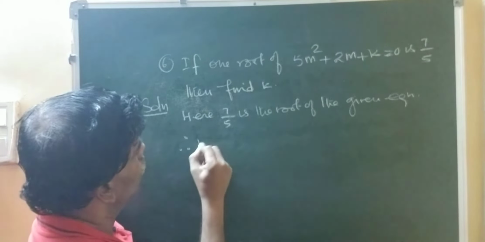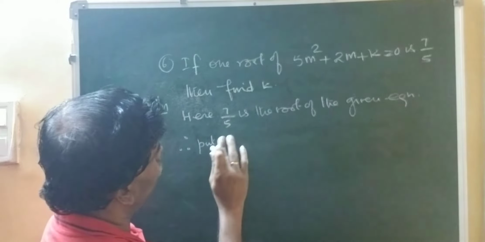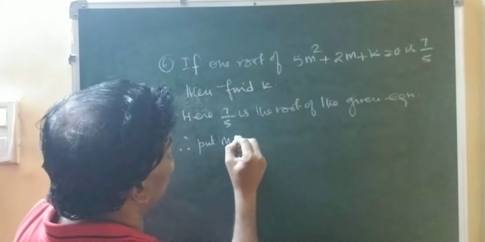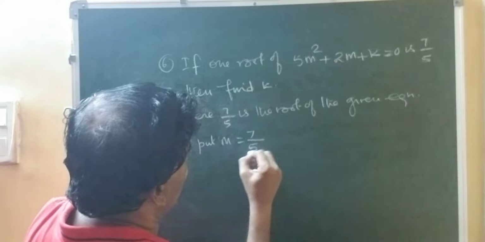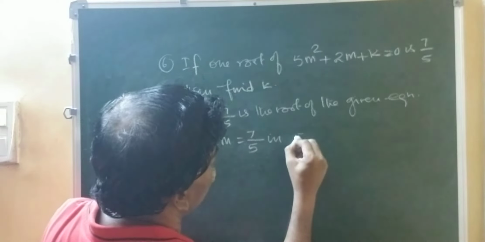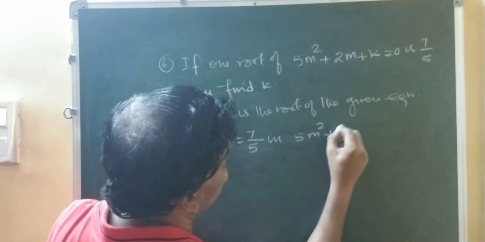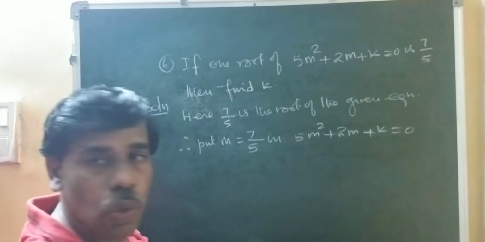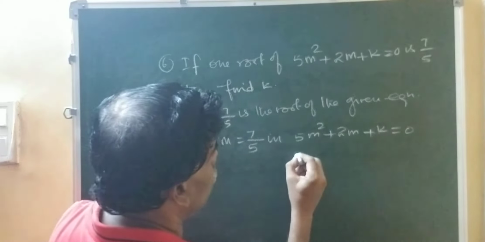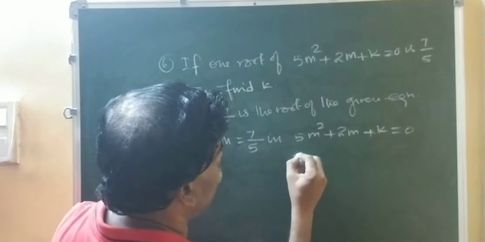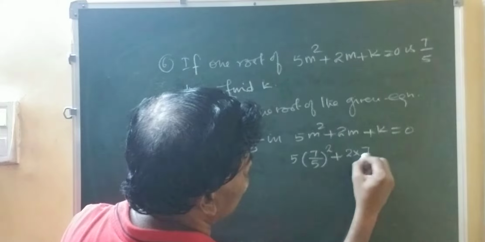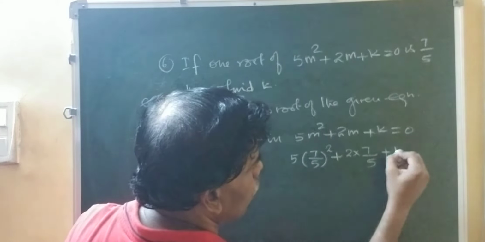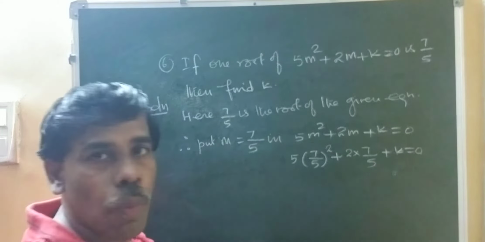Therefore, put m equal to 7 upon 5 in 5m square plus 2m plus k is equal to 0. We will substitute 5 into 7 upon 5 the whole square plus 2 into 7 upon 5 plus k is equal to 0.